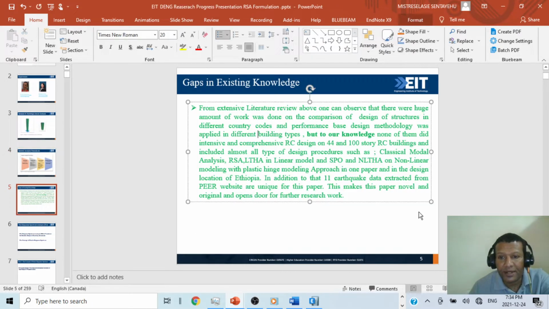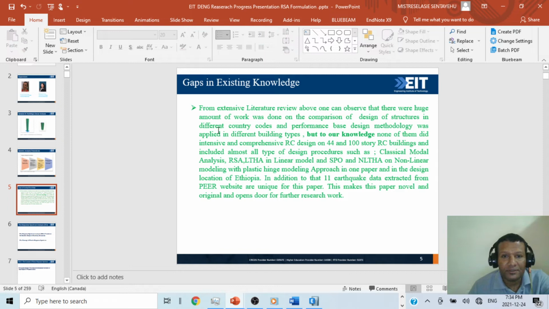Just to remind you what the gap is. From our extensive literature review, one can observe that a huge amount of work was done on the comparison of the design of structures in different country codes, and the performance-based design methodology was applied in different buildings.